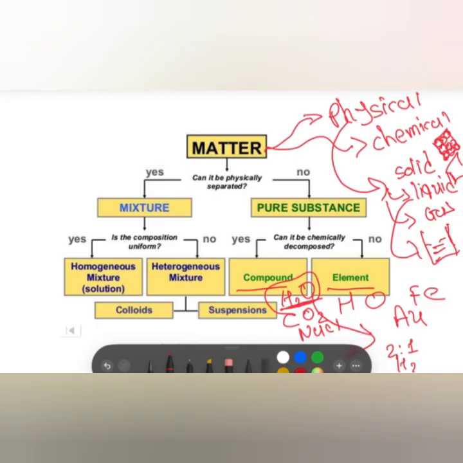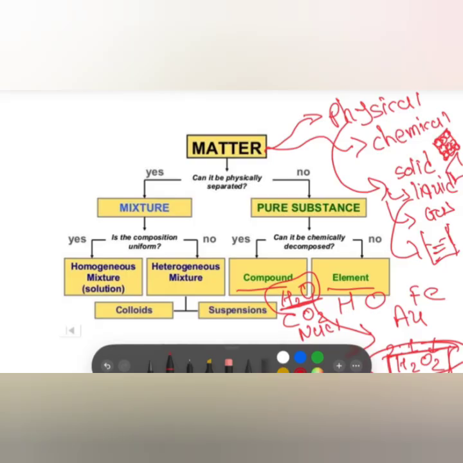If it is H2O2, then it is not called water. What is that? Can you comment? Compounds can be broken into elements by chemical reactions.